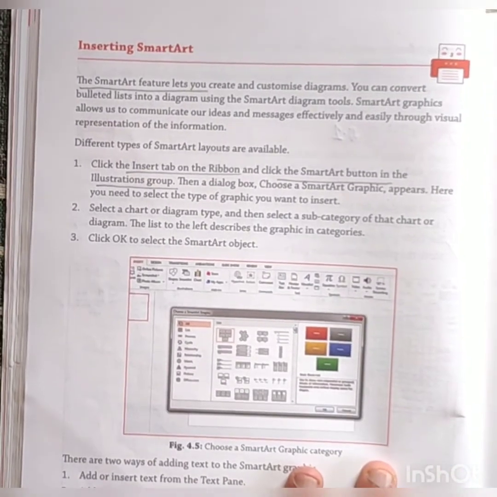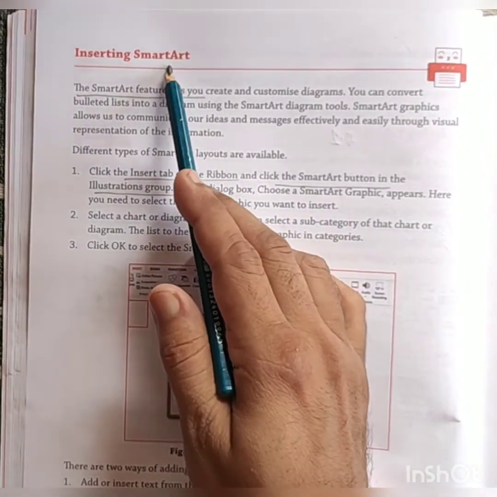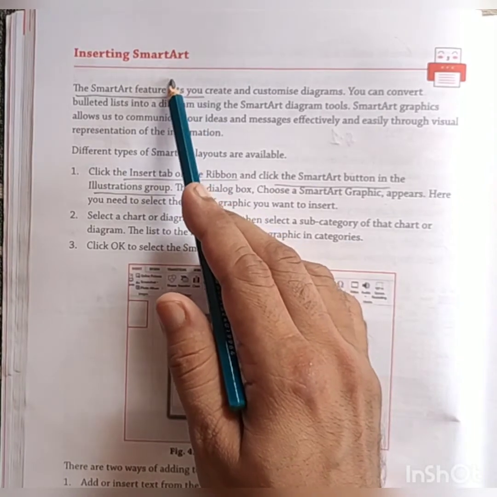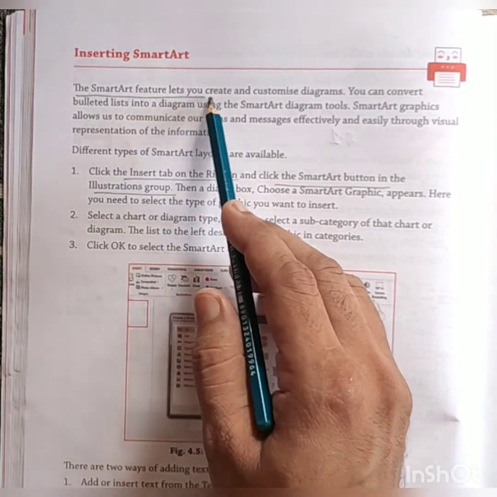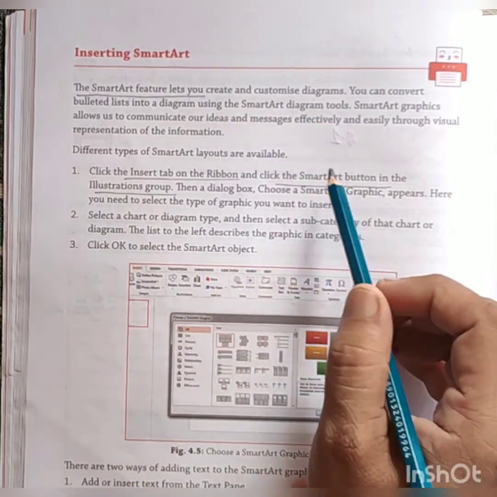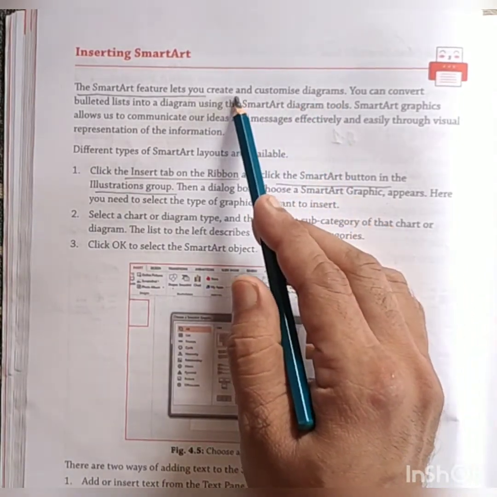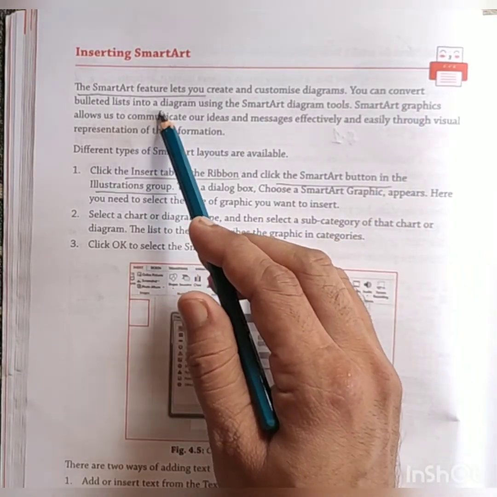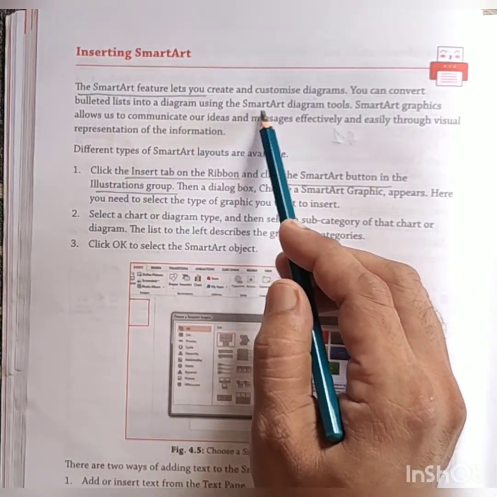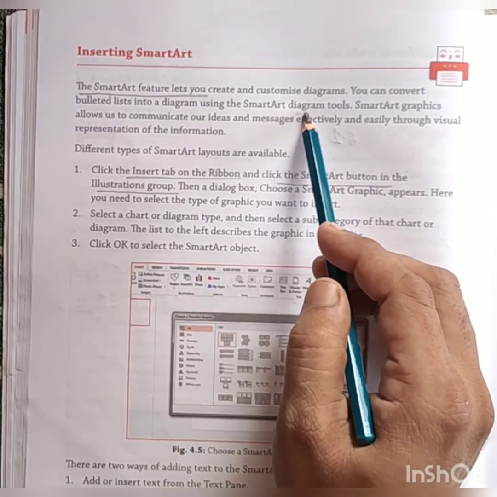Now a new thing we will learn, inserting SmartArt. Before I explain SmartArt, we need to know what SmartArt is. The SmartArt feature lets us create and customize diagrams. We can convert a bulleted list into a diagram using SmartArt diagram tools.